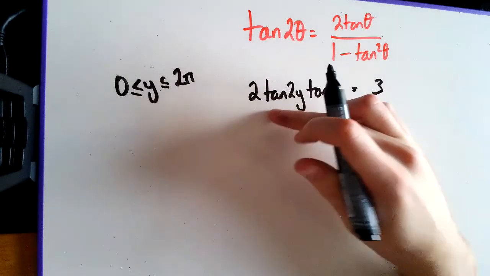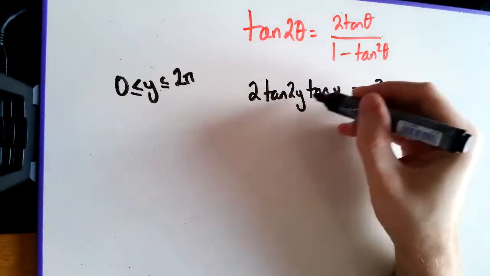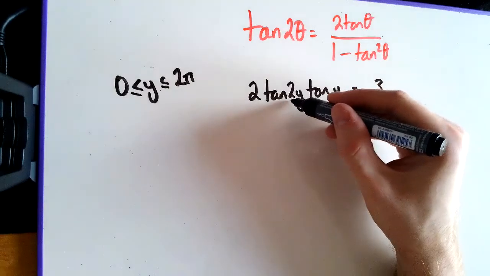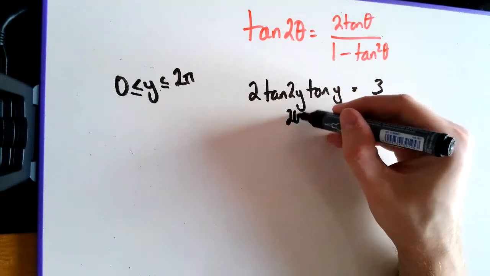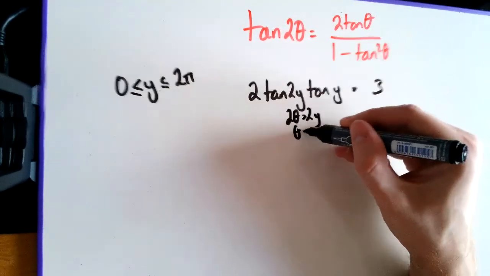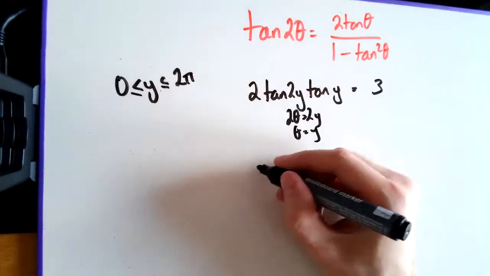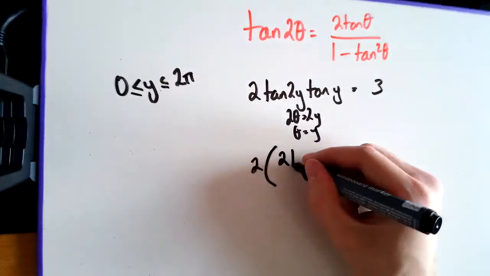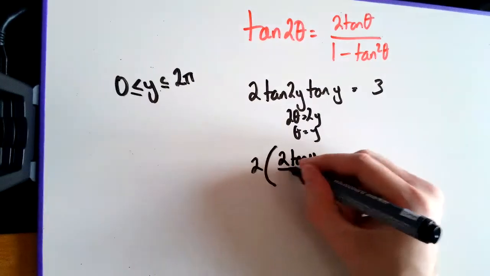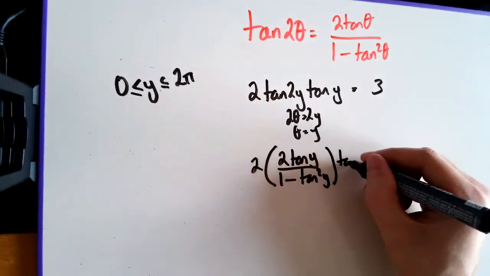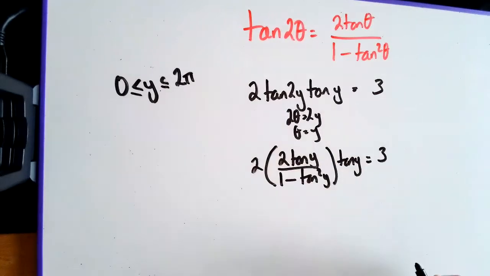Straight away, you can see I've got a double angle: 2 theta equals 2y, so theta equals y. So I can use this formula to change this term here. I get 2 lots of 2 tan theta, which is y, over 1 minus tan squared theta, which is y, times tan y equals 3.